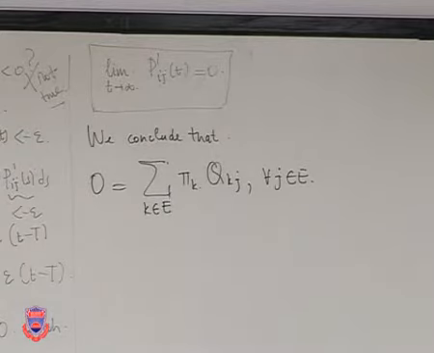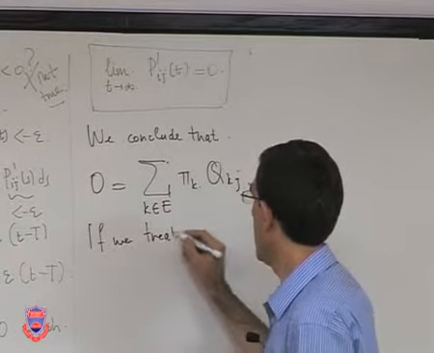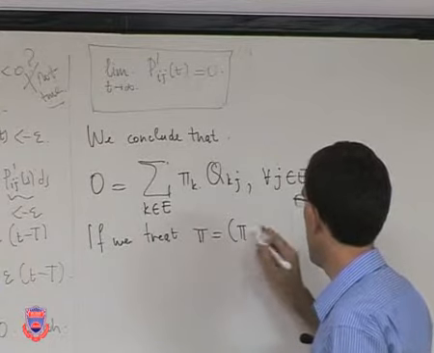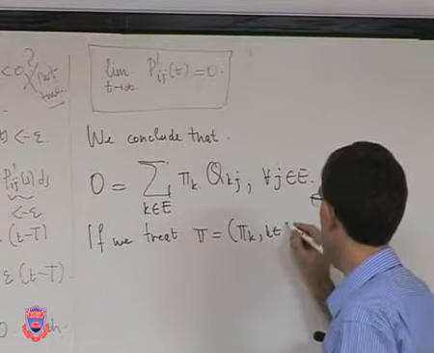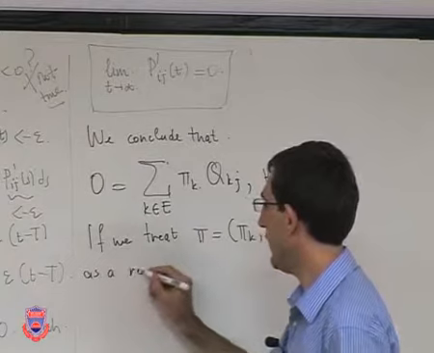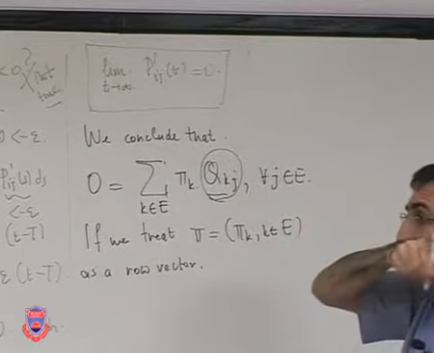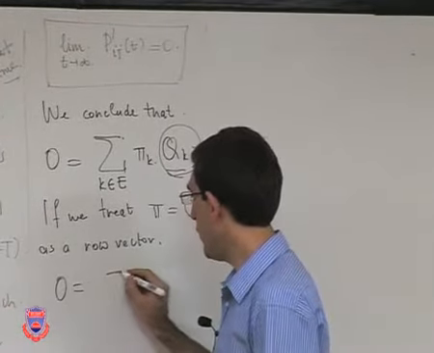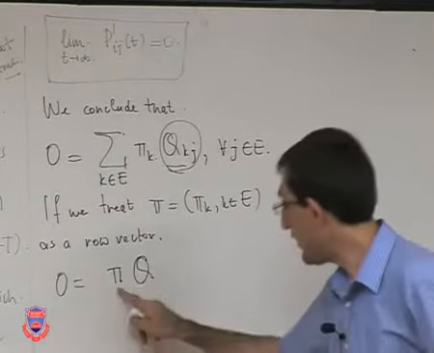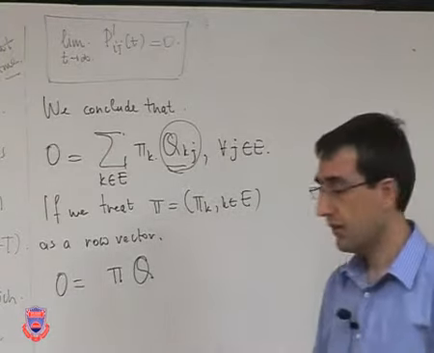So if we treat pi, consisting of all pi_k's, as a row vector, and we know that this is the kj entry of the Q matrix, this is nothing but the row vector pi multiplied from the right by matrix Q, equal to 0. And we have this.